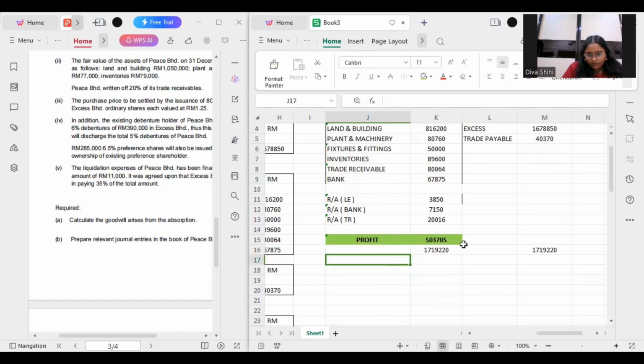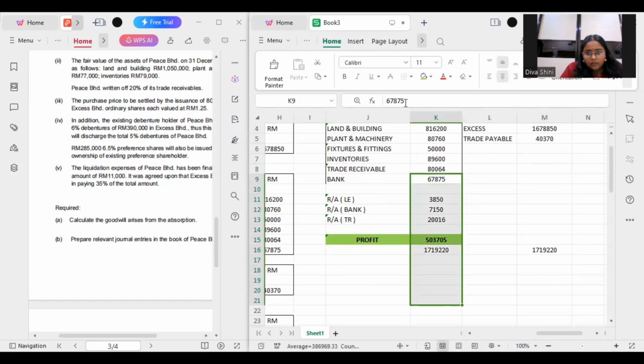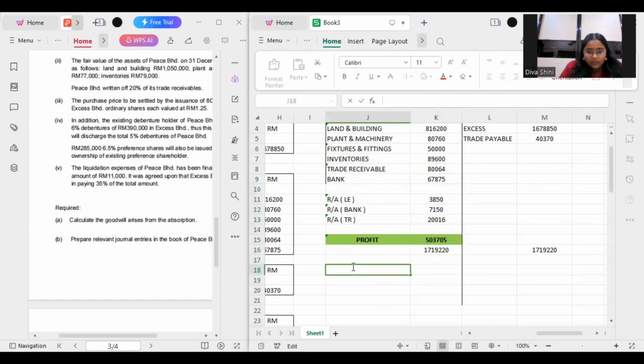So this is the profit for this, and after the profit we need to do three calculations, which are SME PS, and since we have debenture, DHA, and also SME OS.